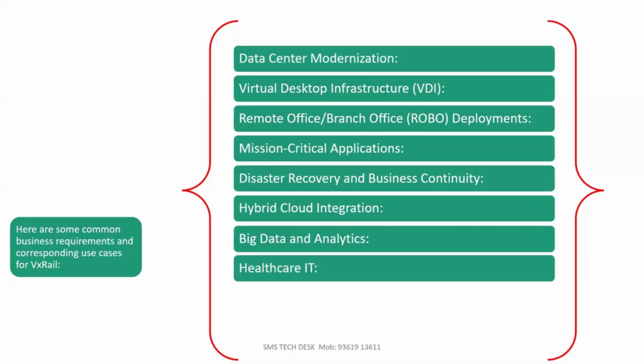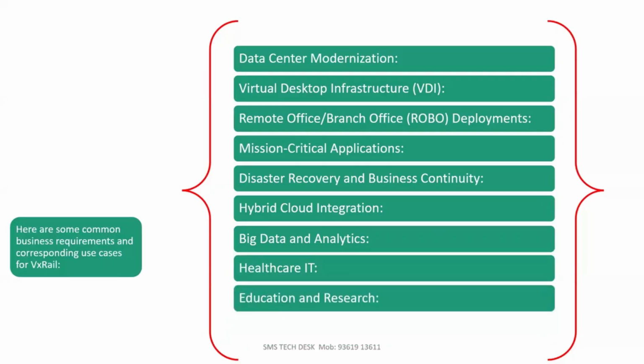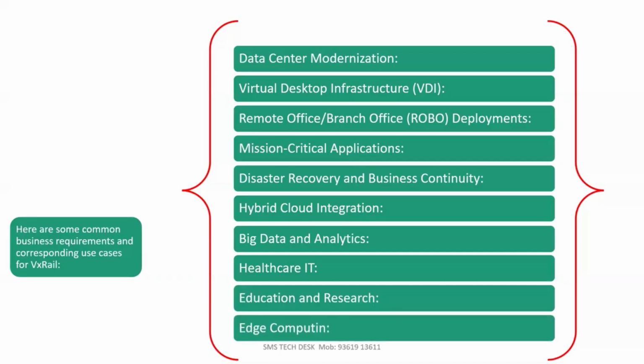Then if the customer's business is related to healthcare and IT, we can use it there too. Education and research oriented customers can also be suggested VxRail. Then edge computing, which connects with both public and private cloud.